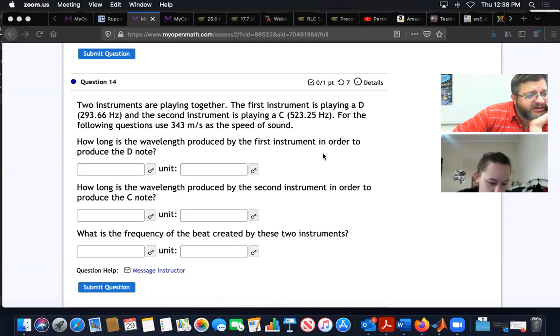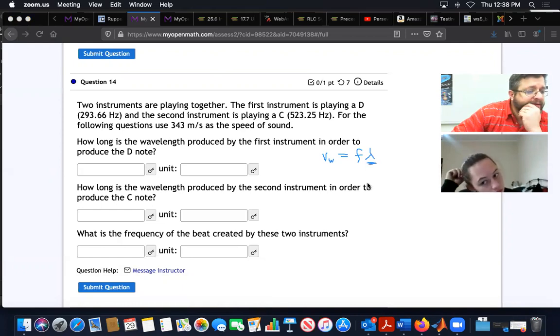It relates the speed of the sound, the velocity of the wave, the frequency, and the wavelength. This is a lambda, by the way. So the velocity of the wave equals frequency times wavelength. They've given us the velocity of the wave right there. And they've given us the frequencies.